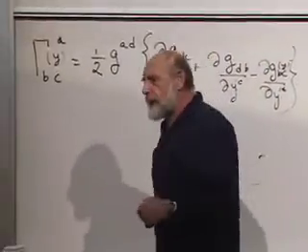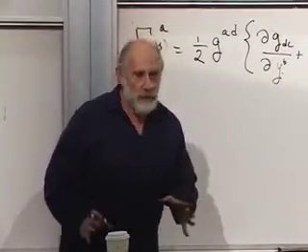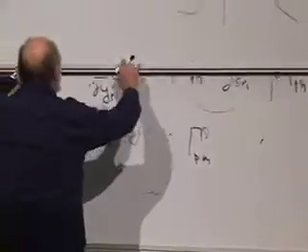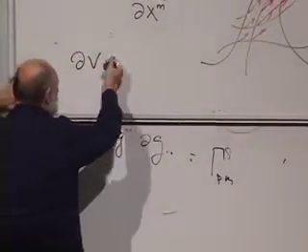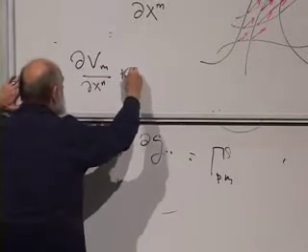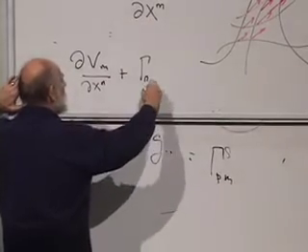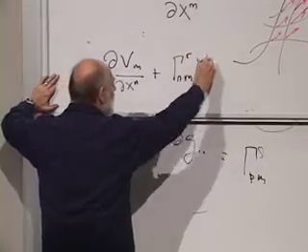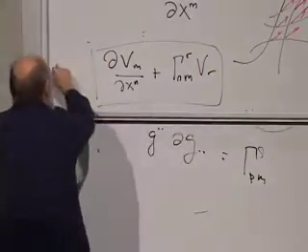You can memorize it if you like, or don't memorize it. But the important thing is, it is the connection, the object which allows you to differentiate tensors. Derivative of V m with respect to x n plus gamma n m r V r. Covariant derivative.